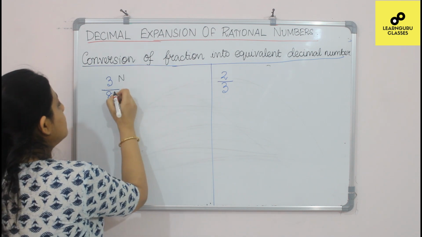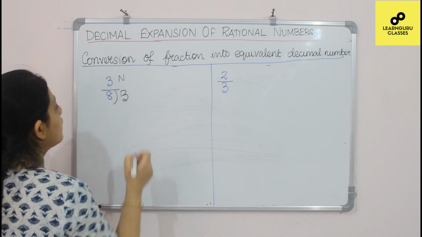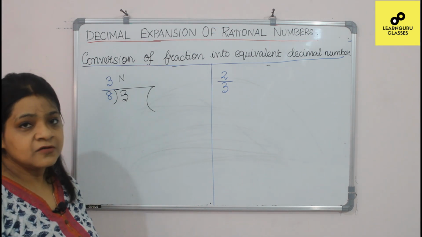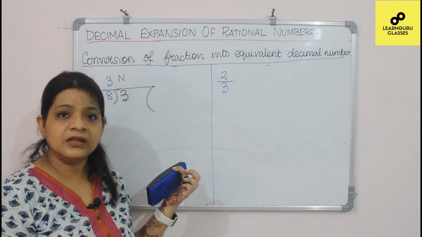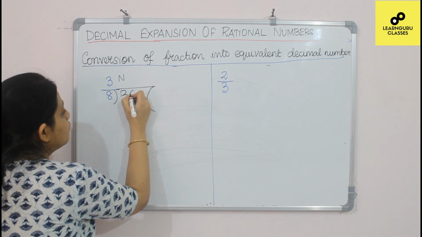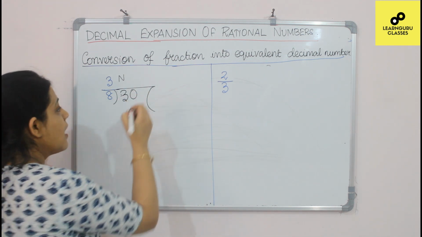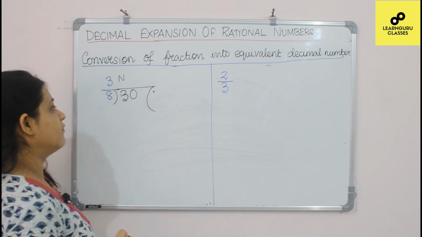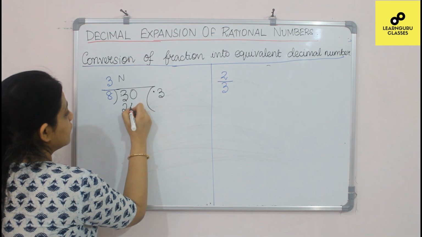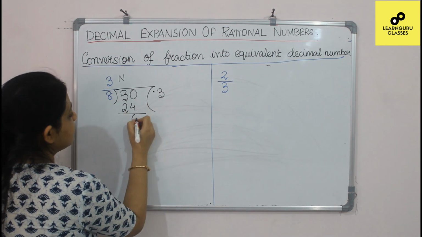So what will you do? Here 3 is less than 8, so you cannot continue the division. For that you need to put a 0 over here and place the decimal point. 8 3s are 24, so the remainder is 6.